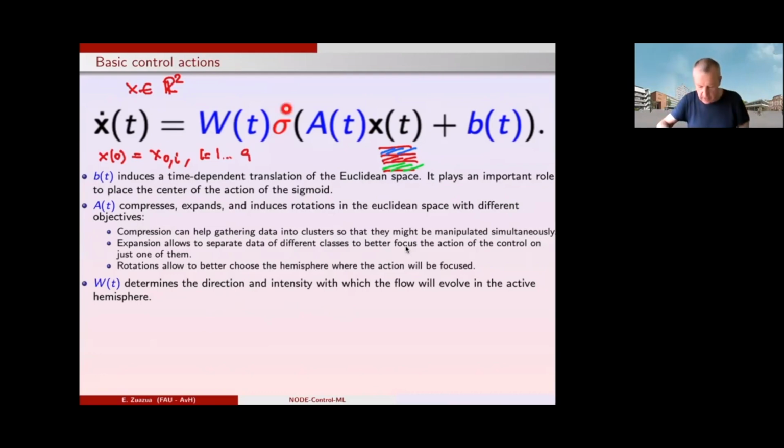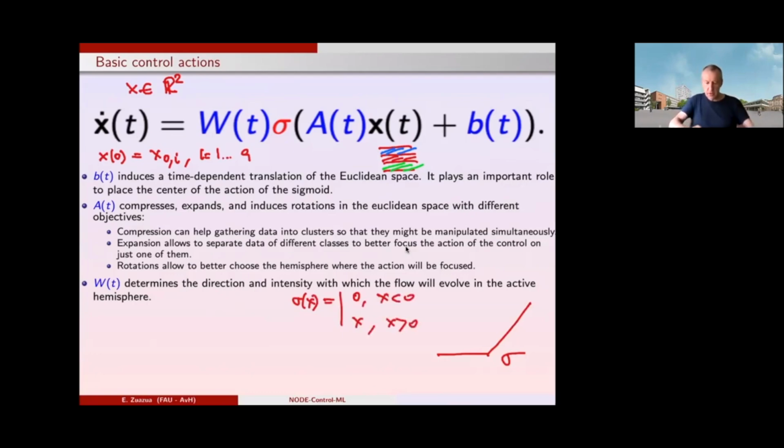But the sigma is very simple. The sigma is just this. What this sigma is doing is putting to 0 half of the space. Sigma is simply 0 to the left and x to the right.